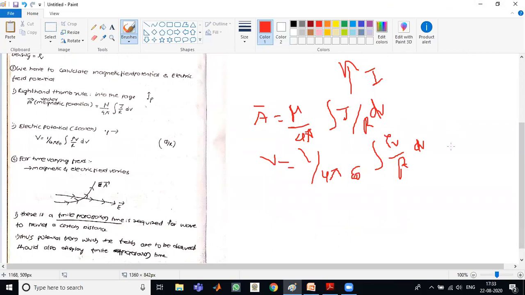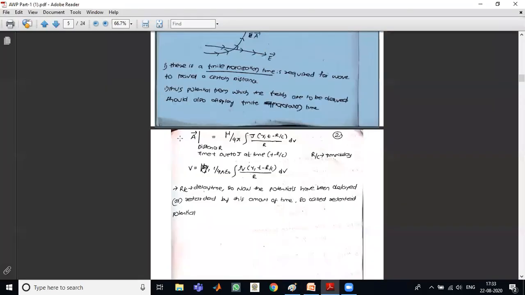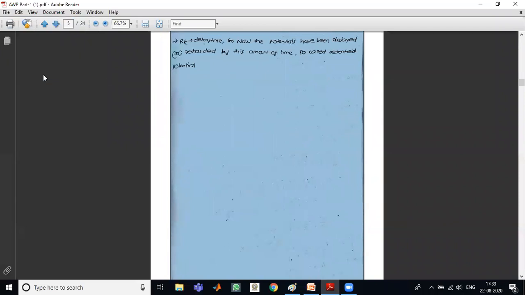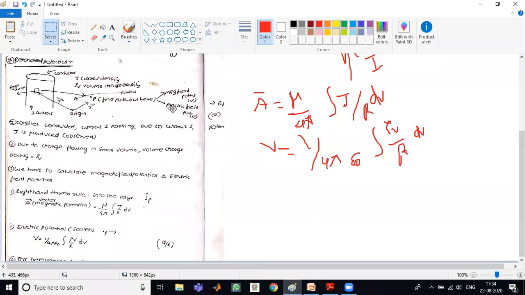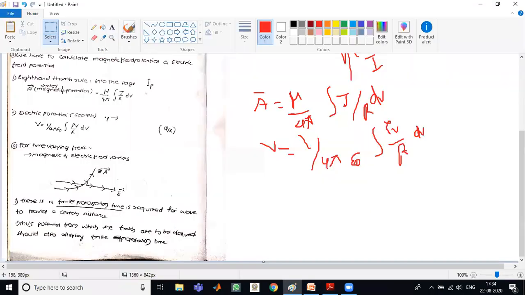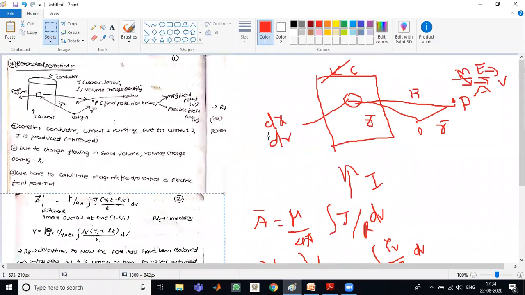If you consider the time varying field, the electric field potential and the magnetic field potential change with respect to time.